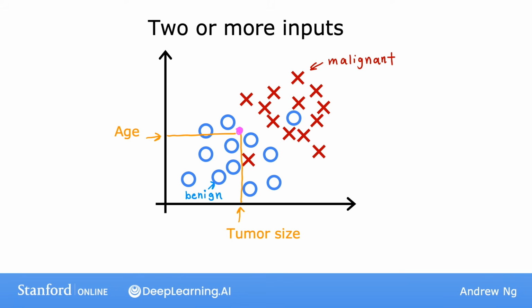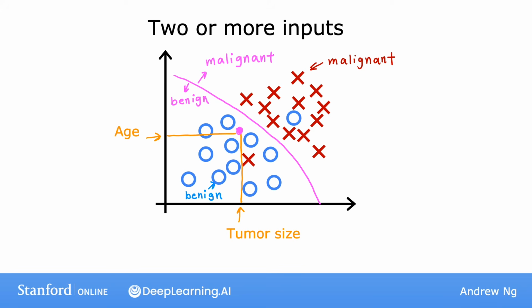Well, given a dataset like this, what the learning algorithm might do is find some boundary that separates out the malignant tumors from the benign ones. So the learning algorithm has to decide how to fit a boundary line to this data. The boundary line found by the learning algorithm would help the doctor with the diagnosis. In this case, the tumor is more likely to be benign.